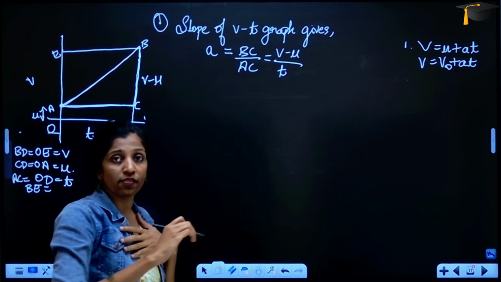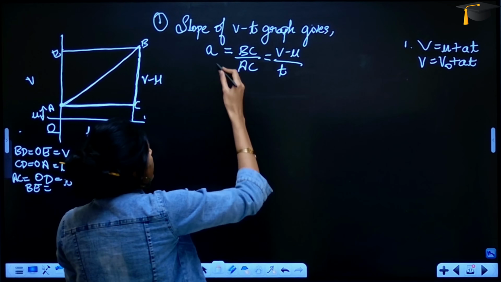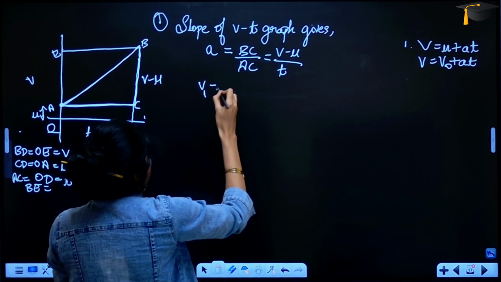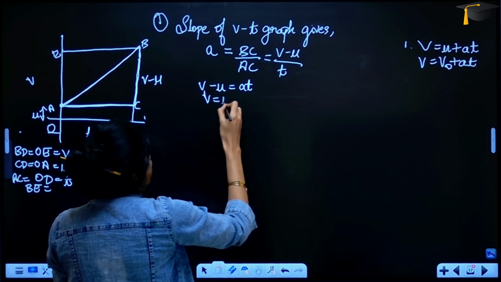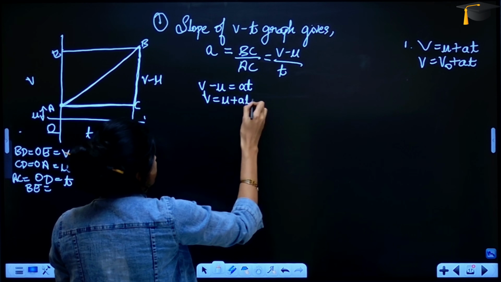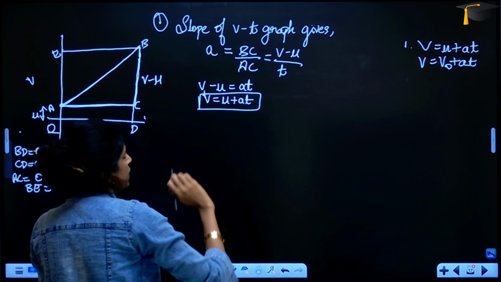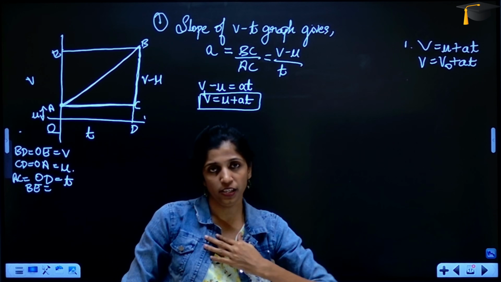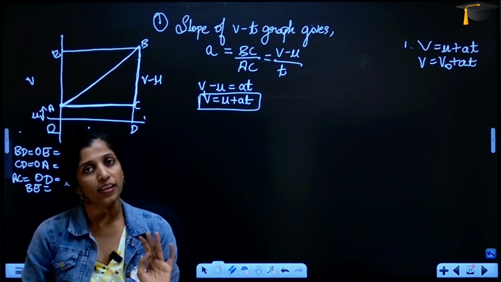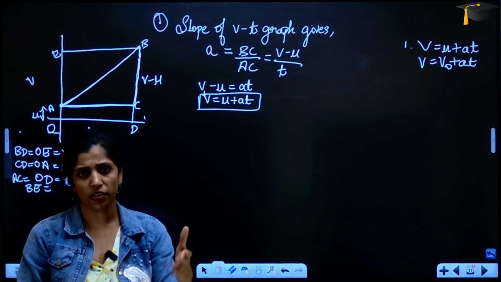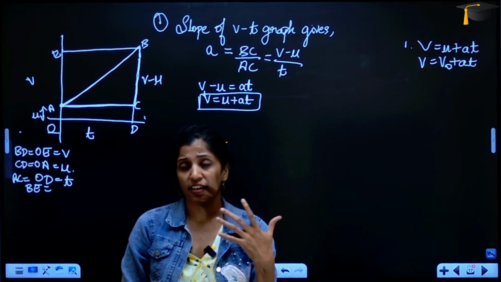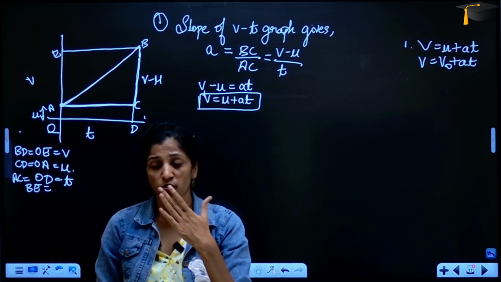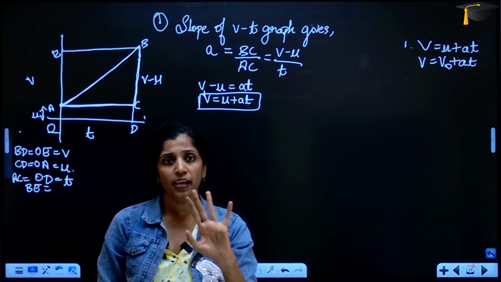Therefore, we have A equals V minus U by T. If you cross multiply, you get V minus U equals AT, or we can write V equals U plus AT. That's it. This is your first derivation. Very simple. Just take the slope of the graph and label them. Remember how to take a slope, because many students don't know how. Slope is always taken as y-axis by x-axis.